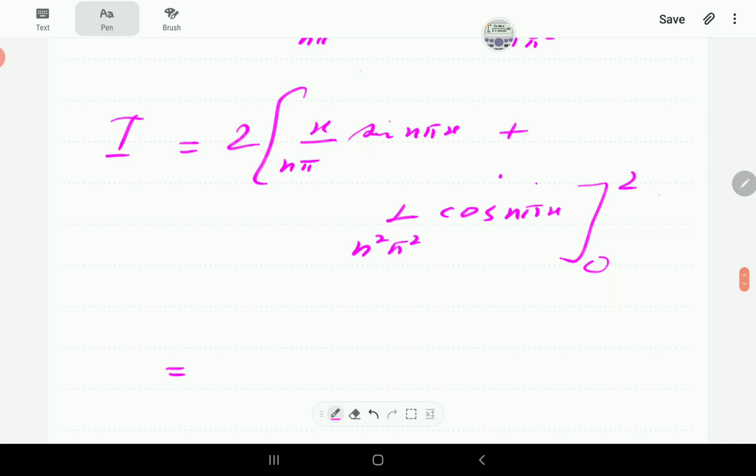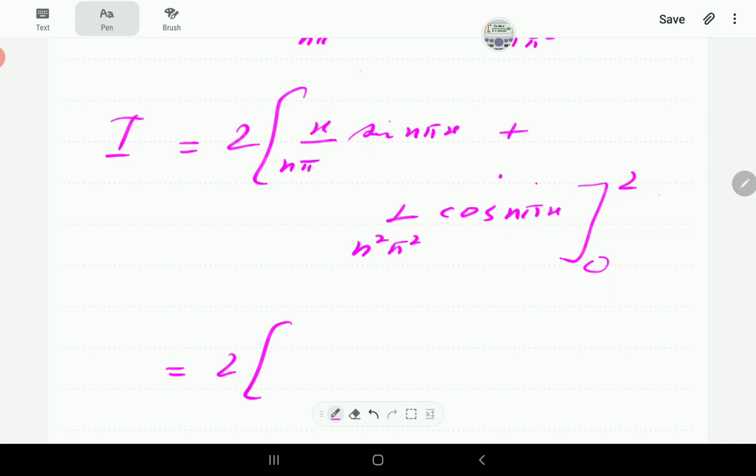When x is equal to 2, there's a 2 there and sine 2n pi, which is always 0. When x is 0, that term is 0. Then we come to the next term.